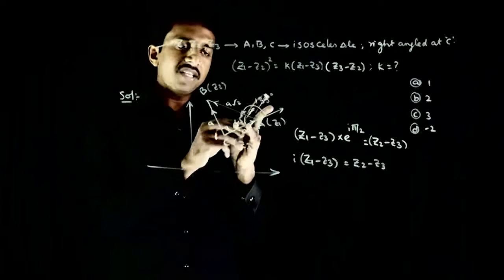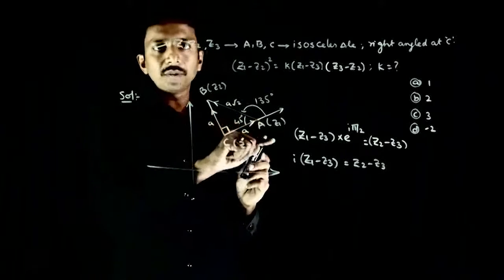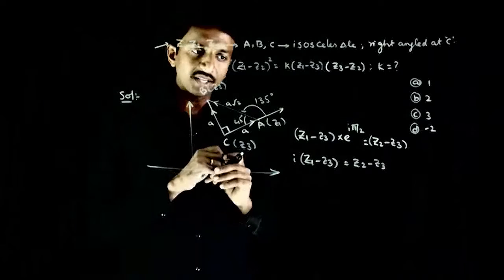So rotating CA by 135 degrees and stretching its magnitude by √2 times, I'll get AB. So let us do this.